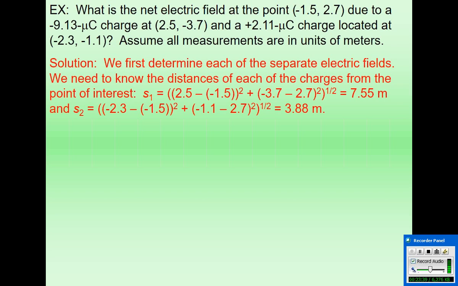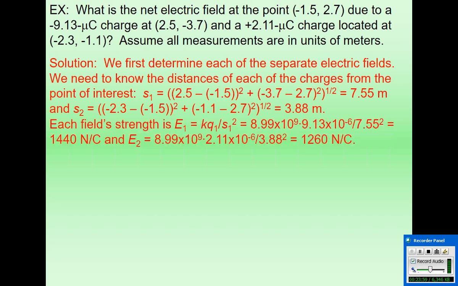In order to determine those electric fields, we need to determine how far away we are from each charge. We are 7.55 meters away from the first charge, and 3.88 meters away from the second charge. Again, just using the distance formula to find these separations. We can now determine the strength of each field.